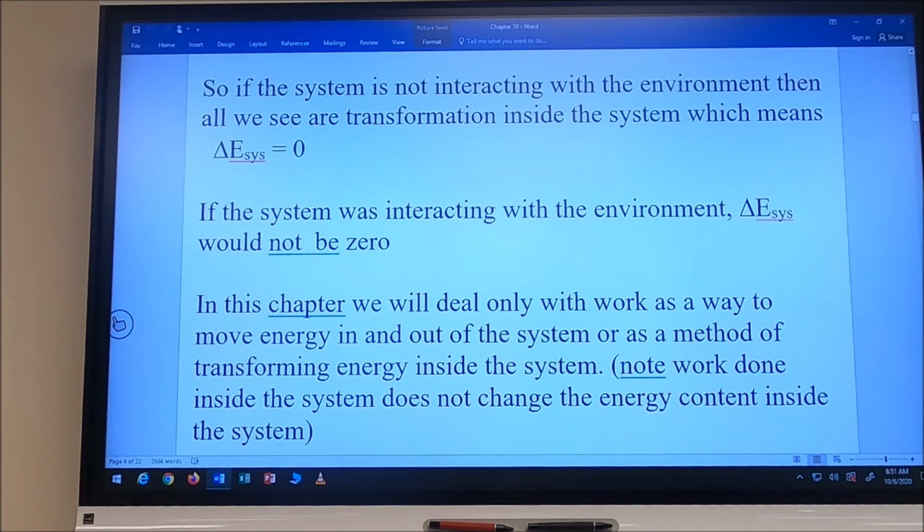Now, right now, we're going to deal with work as a way to move energy in and out of the system, or as transformations. We're going to concentrate on transformations inside the system first, then we'll move on to transfers.